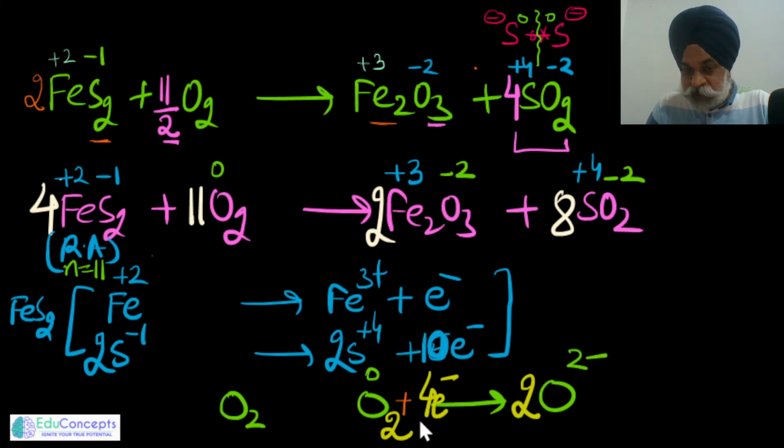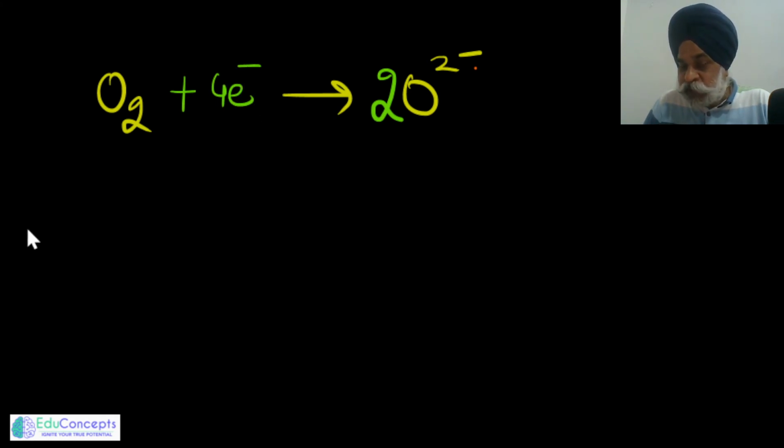So what I am saying is 1 mole of oxygen happens to gain 4 electrons to change into O2-. Let me repeat this once again for you, which is again very confusing for many. So oxygen goes to O2-. What I did first is the balancing of oxygen. Oxygen got balanced. Now I have to do the charge balancing. Charge balancing can be done by 4 electrons.